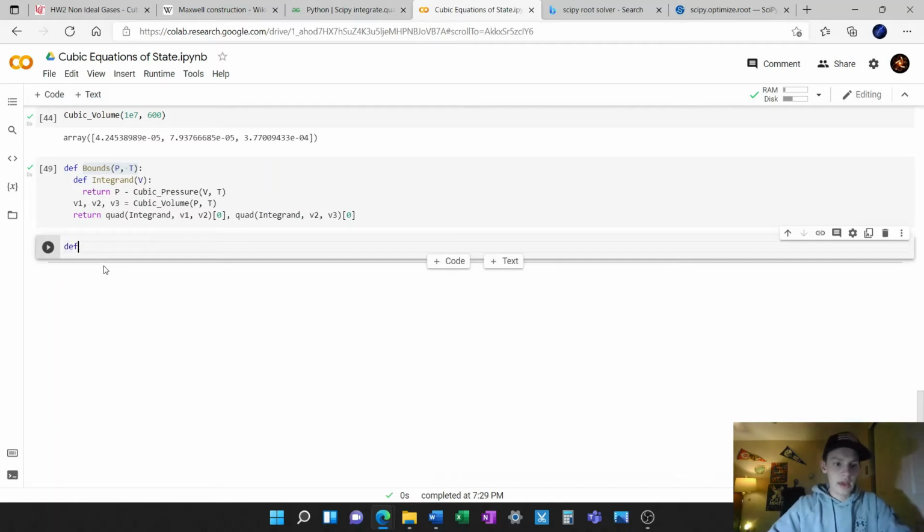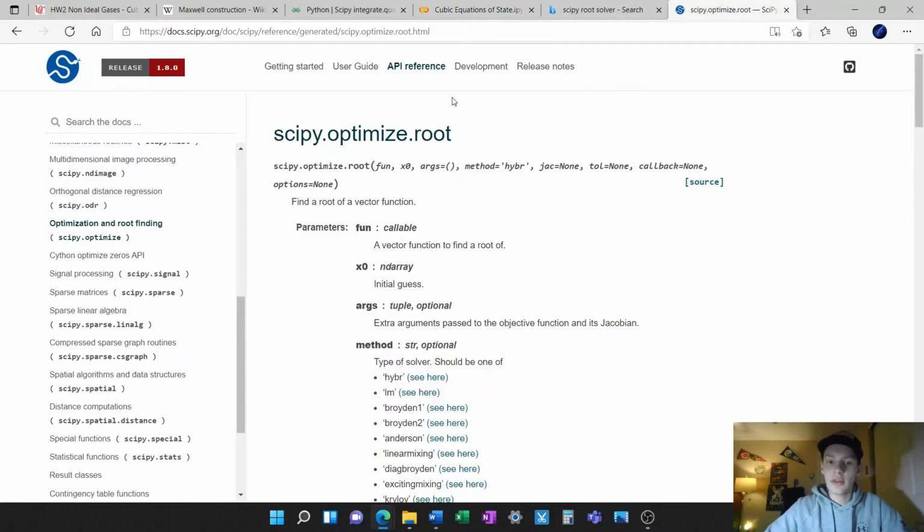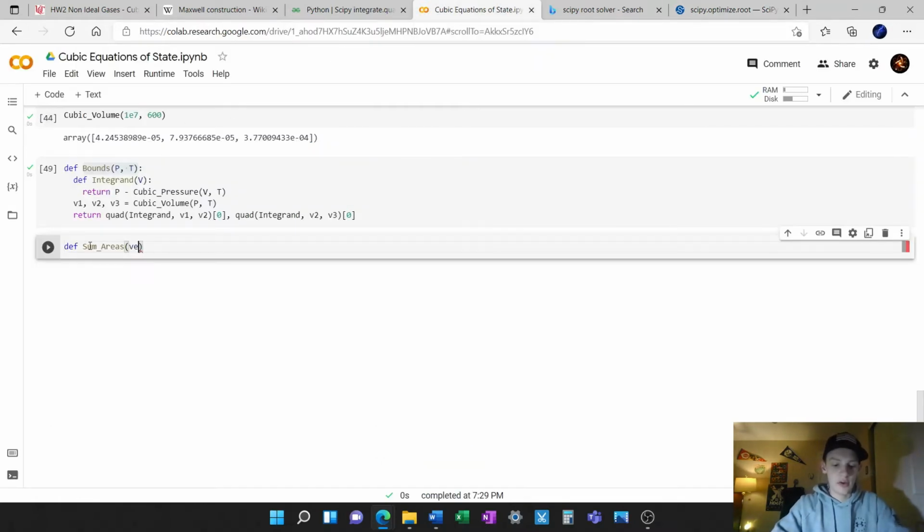So let's see if we can do that. I'll define this function as the sum of our areas. And notice that with the SciPy root function, the function that we supply needs to be a vector function. Don't worry, that will not be too much of a problem for us.